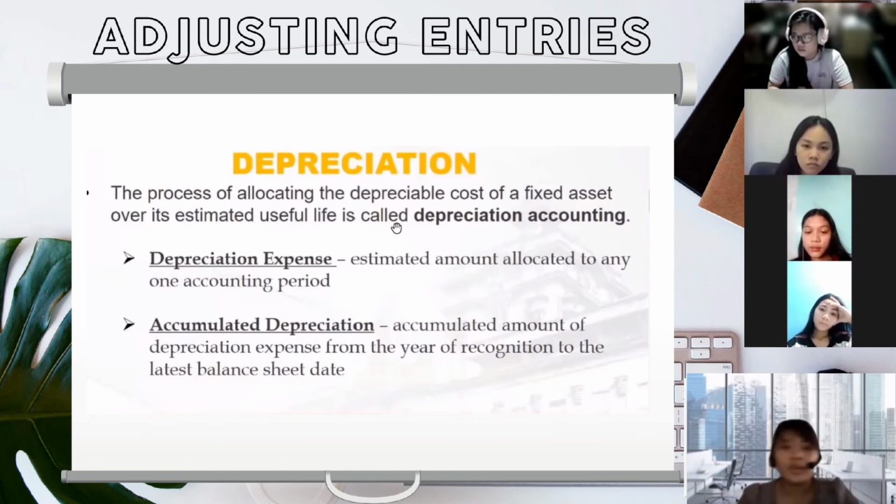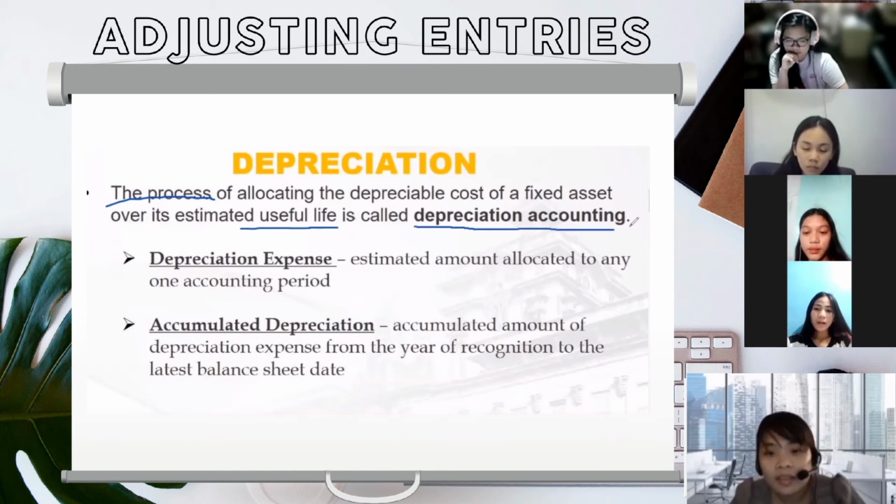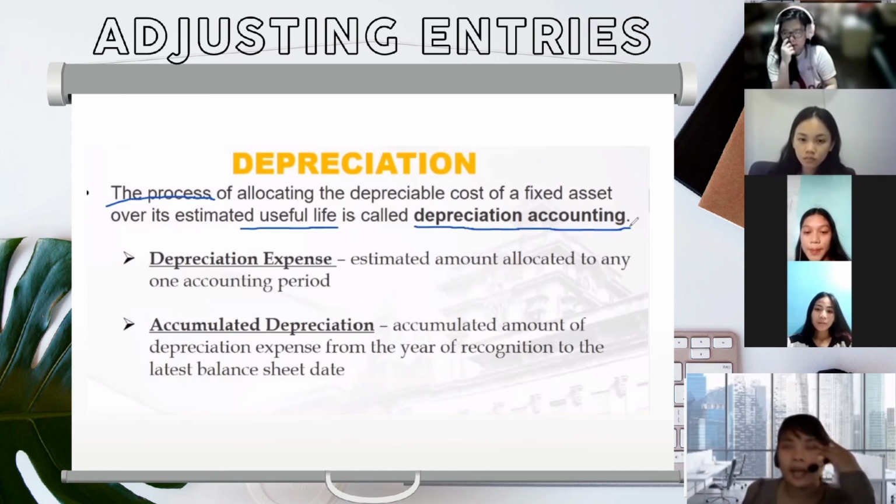Okay? So, can somebody read to me the definition of depreciation? The process of allocating the depreciable cost of a fixed asset over its estimated useful life is called depreciation accounting. Okay. So, ito, para mas madali niyong maiintindihan.